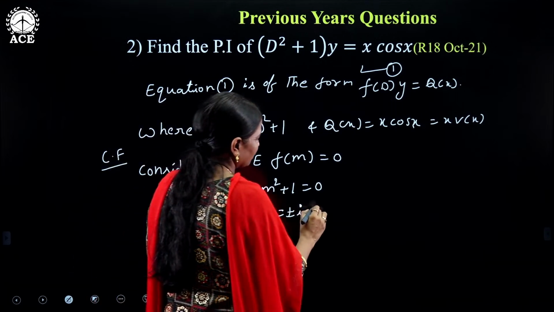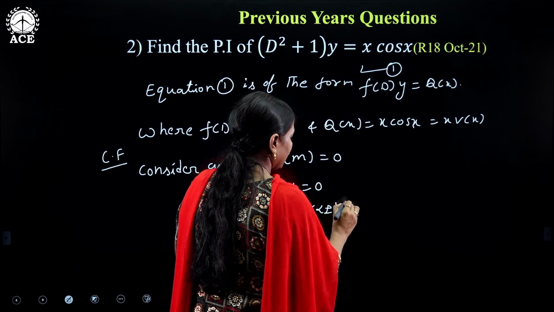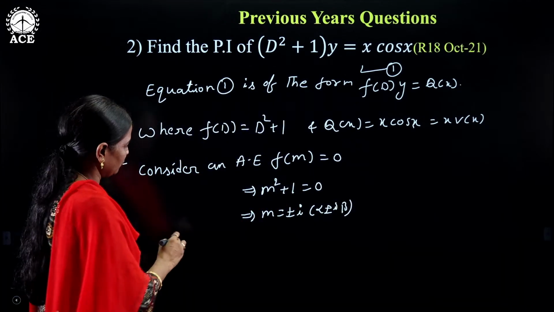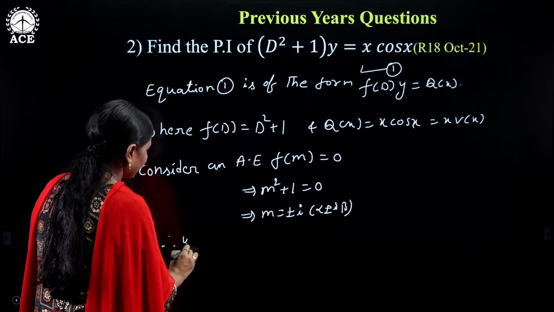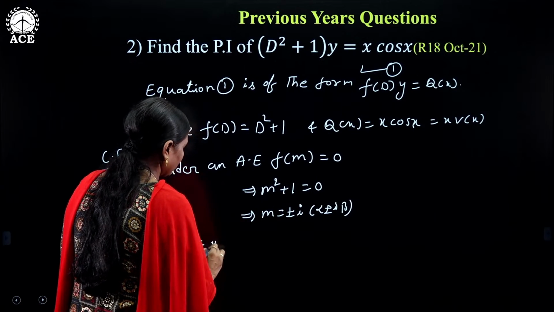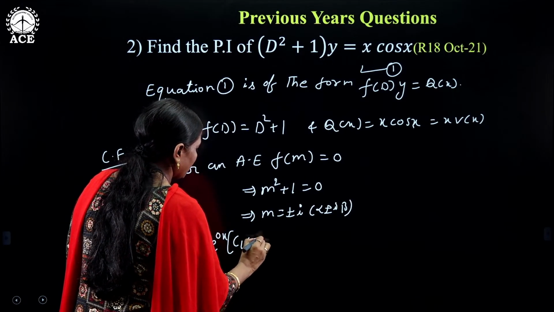So now what are the roots? These roots are of the form alpha plus or minus i beta. Here the roots are complex and distinct. So how do we write the complementary function? Yc is equal to e power 0x times c1 cos beta x.